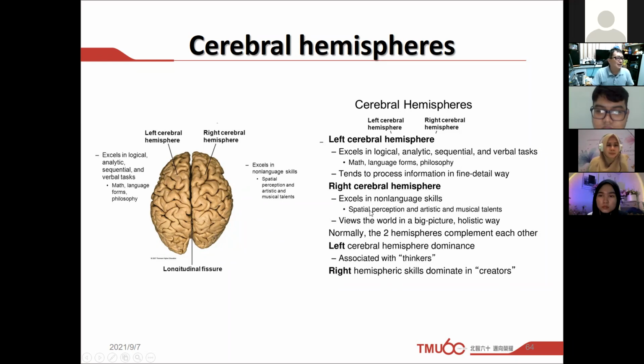The right may be good at artistic work, creation. So there is a little bit of difference between the left hemisphere and the right hemisphere.